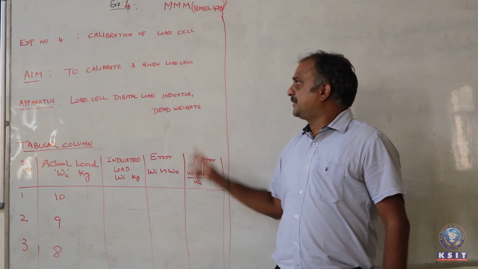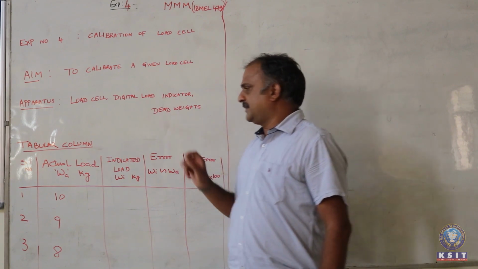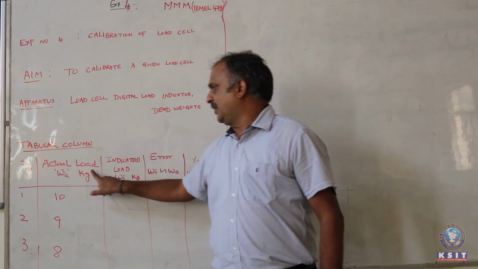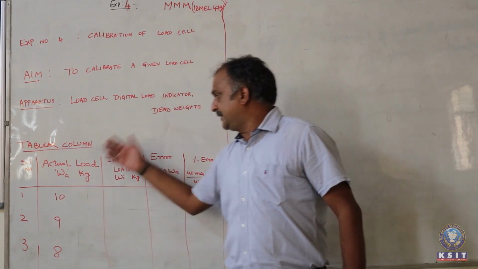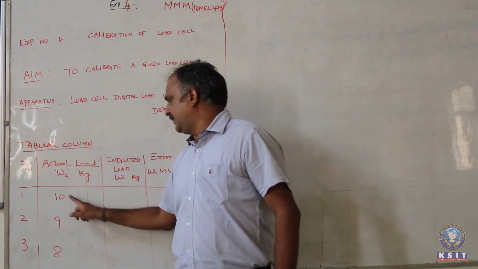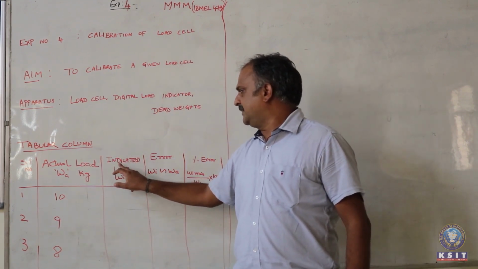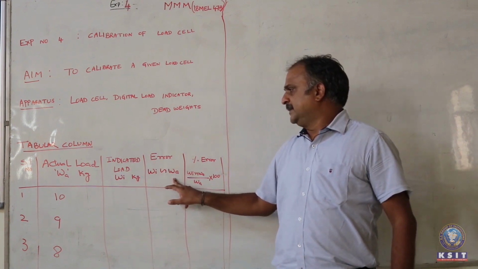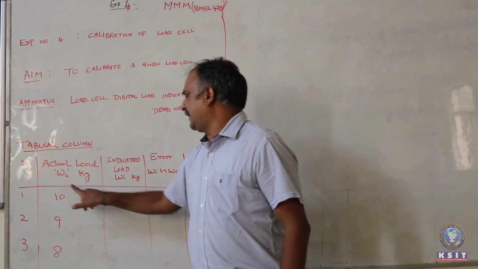Now, our aim is to calibrate this load cell. We will take these dead weights as the standard, and that is taken as the actual load. So 10 kgs, 9 kgs, 8 kgs and so on. It can be the other way too, 1, 2, 3 kgs. Now we note down the readings in the load cell. Then we calculate the error. Error is the difference of indicated to actual.